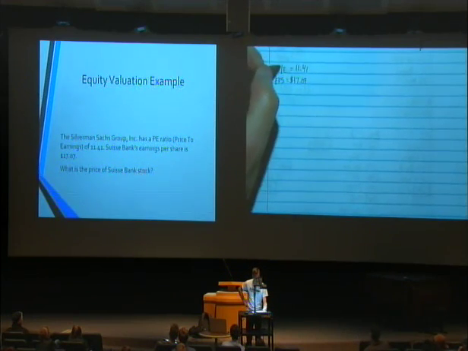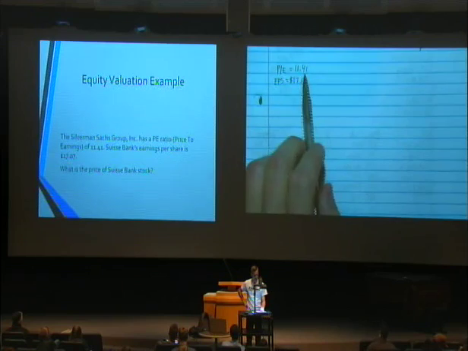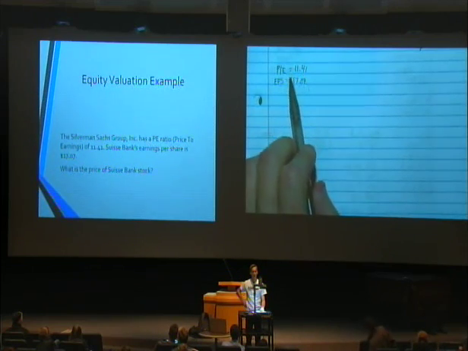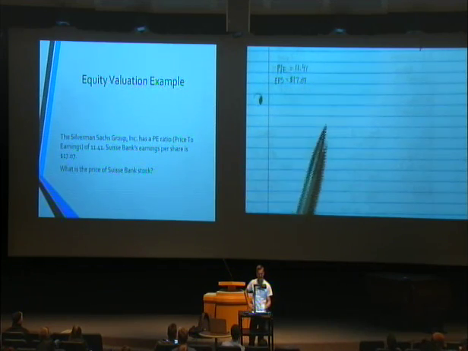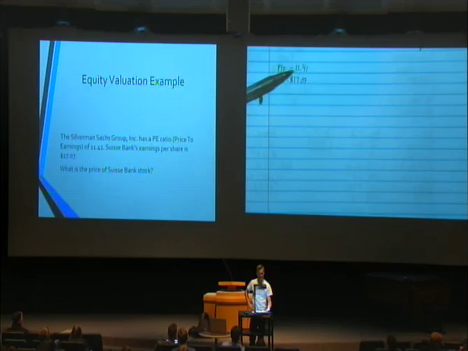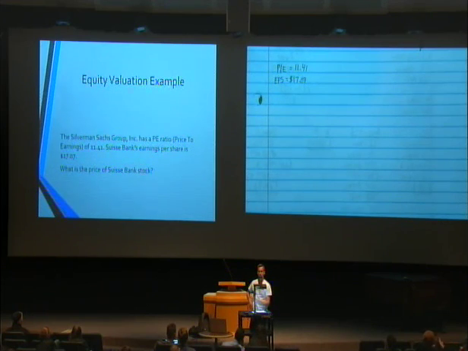The price to earnings ratio is how much more someone's willing to pay for it than what their actual earnings are, okay? So if the earnings of a company was $1, then the price to earnings ratio means that someone's willing to pay $11.41 for ownership in this company's dollar of earnings.